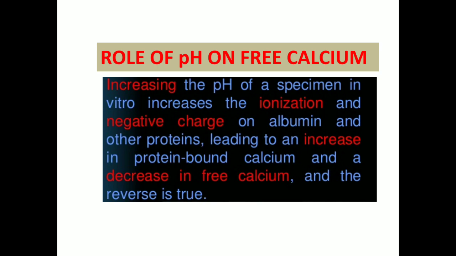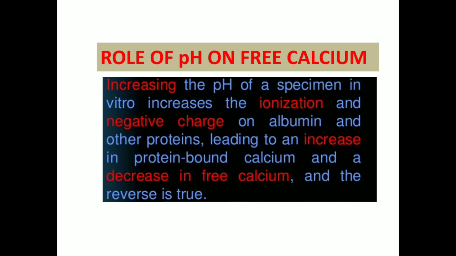So you always want to measure the free calcium level in a sample which has the same pH that was present in the blood when inside the body. So once you take out the blood, if the pH changes, then the free calcium level can also change.